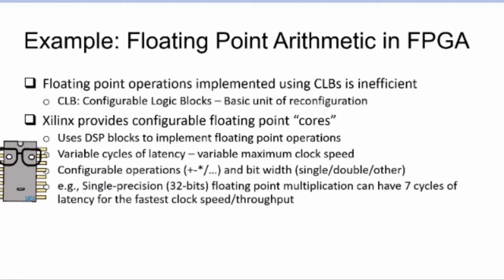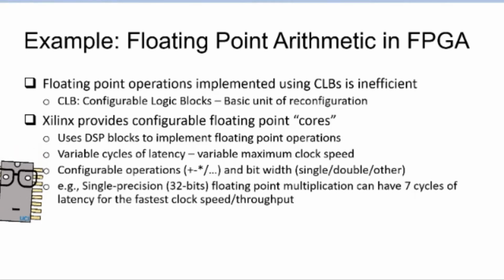You can always push in one operation per cycle. You will always get one result out per cycle, but you can configure the pipeline depth of this operator. So if you have configured it to have a very deep pipeline, it can achieve very high clock frequencies. If you configure it to have a very shallow pipeline, it will have a lower reachable clock frequency.